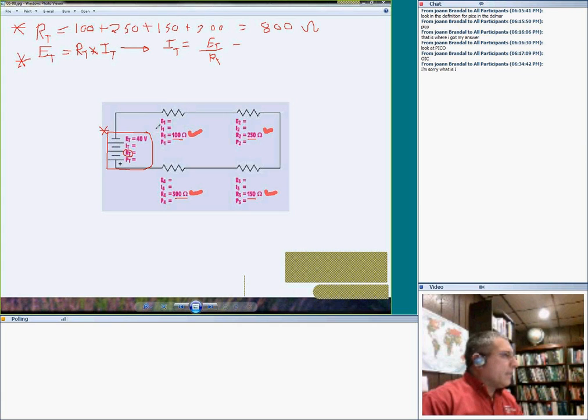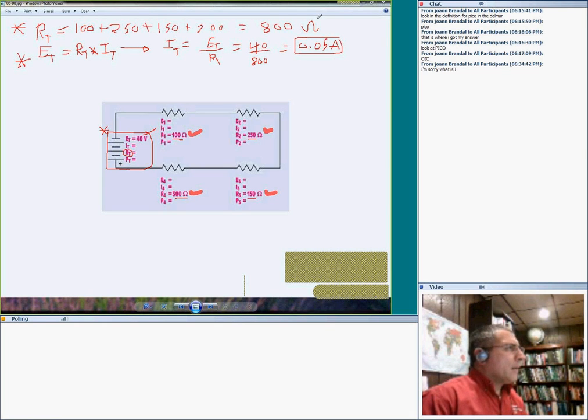Okay, so Chad, what is E total? E total is given, can you guys see it? It's 40 volts. Divide it by R total, which is 800. You divide 40 by 800 and I get 0.05, 0.05 amp.